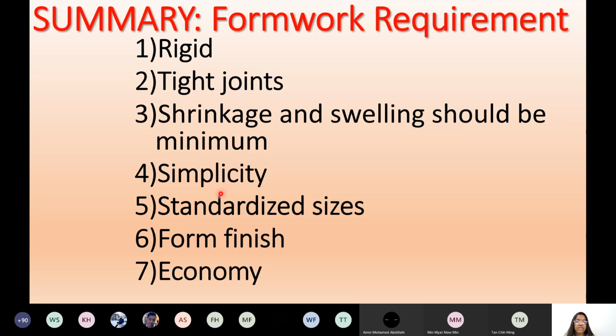Shrinkage should be minimum. Simplicity, standardized sizes. Form finish surface should be smooth. Economy: cheaper and reusable, used many times. Then you can say your formwork is a good one, complying with the requirements of a good formwork.